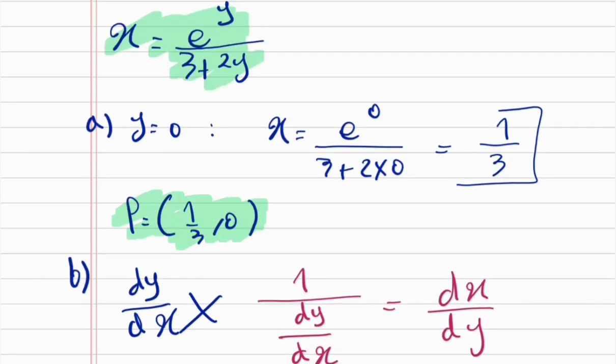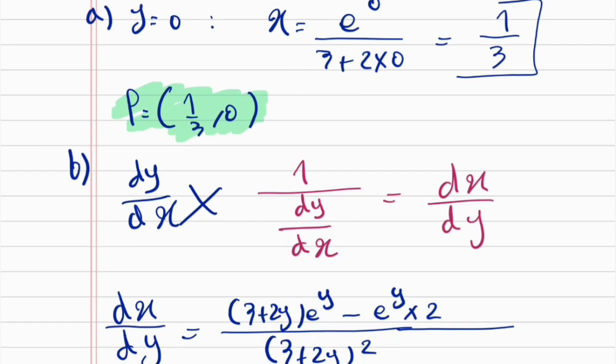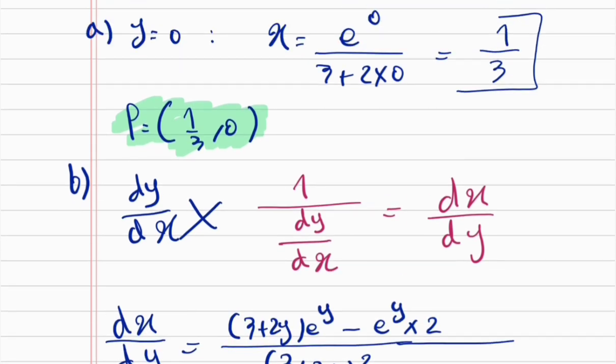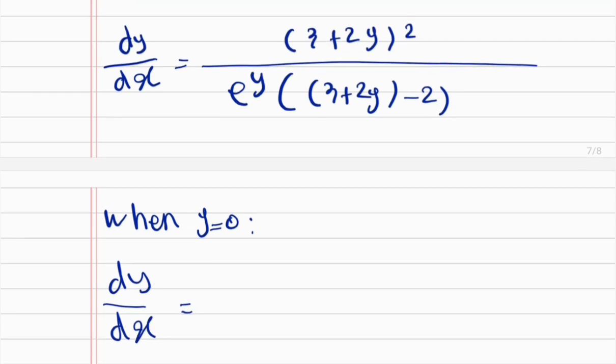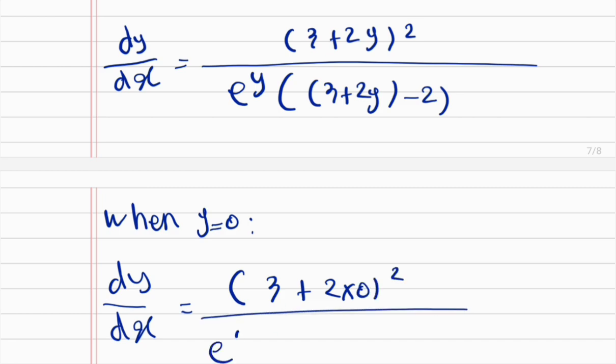Since this function is in terms of y, we just substitute the y coordinate, which is 0. So when y is equal to 0, dy dx is equal to 3 plus 2 times 0 squared, over e to the 0 times 3 plus 2 times 0 minus 2.